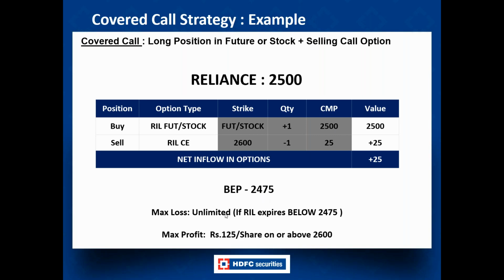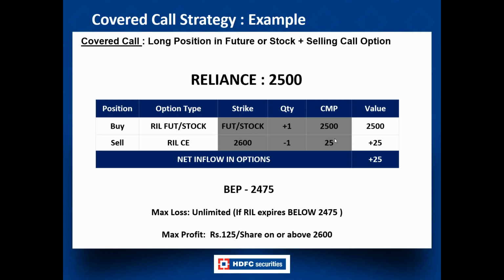Of course, your maximum loss is not limited, since if Reliance goes down, there is no protection. So if it expires below 2475, your maximum loss is unlimited. However, your maximum profit is limited to 125 rupees per share on or about 2600. So if Reliance Industries moves on or about 2600, you will make 125 rupees per share as your maximum profit. How? Because at 2500 you have bought a future, and at 2600 you have sold a call option at 25 rupees.